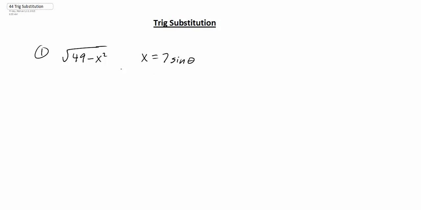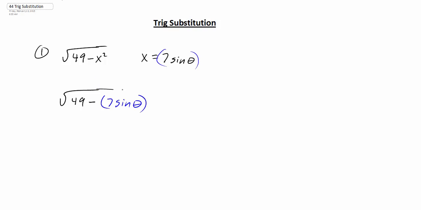You're going to simply take wherever x is and substitute in the 7 sine of theta. So here we would have the square root of 49 minus x squared. In place of our x, we're going to substitute in 7 sine of theta.